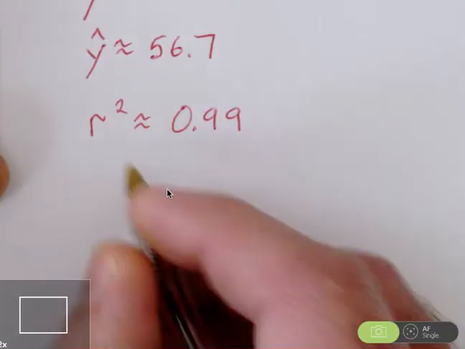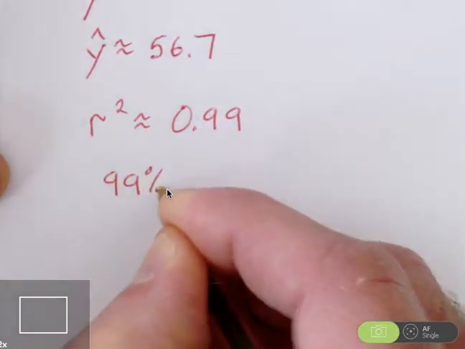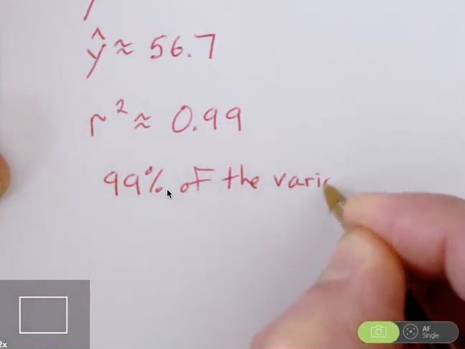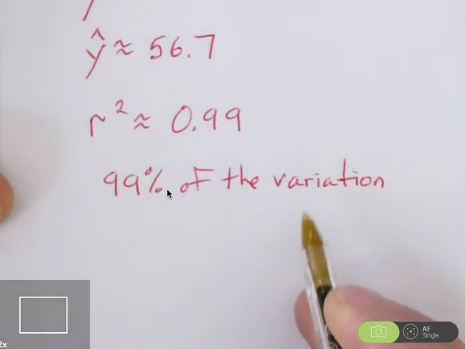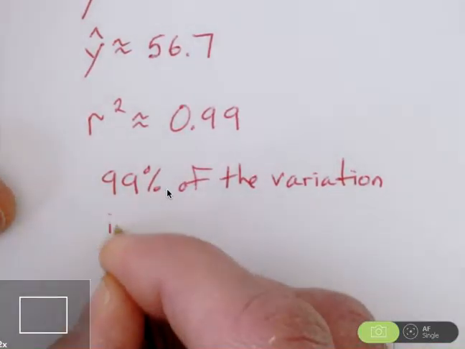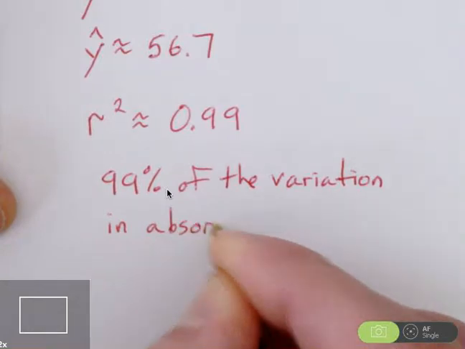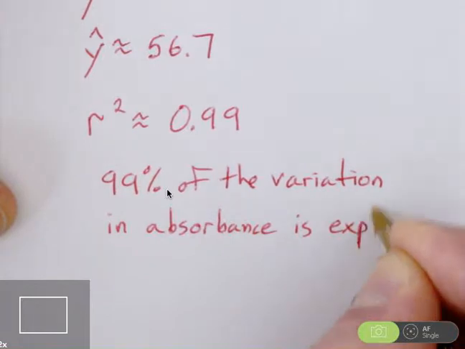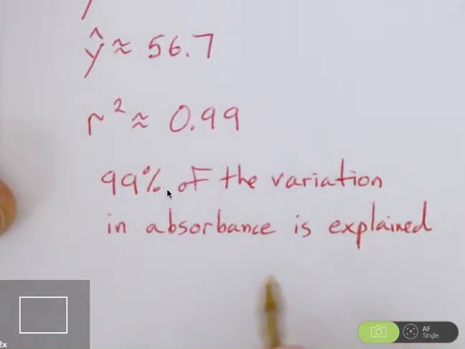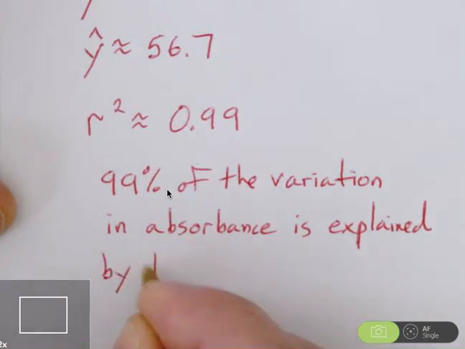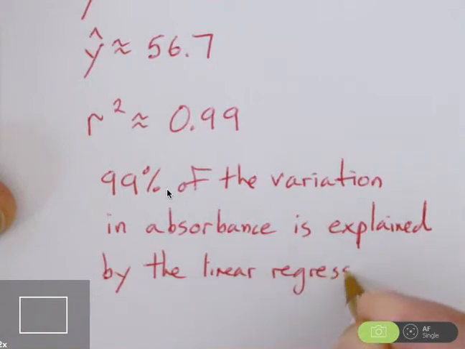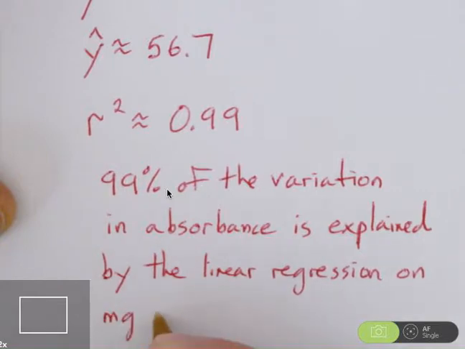So what this means is 99% of the variation in absorbance is explained by the linear regression on milligrams of nitrates.